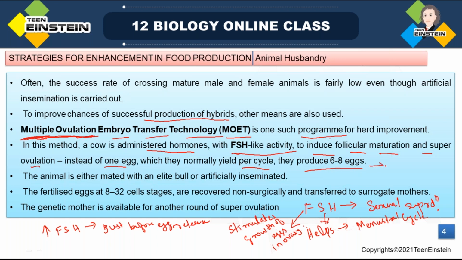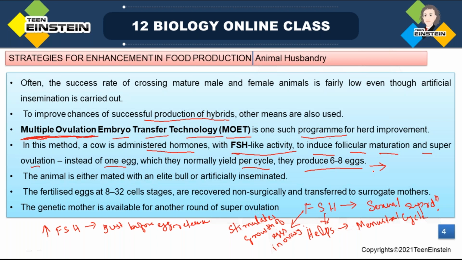So instead of that, they produce 6 to 8 eggs. That is the difference. So here, with multiple ovulation embryo transfer technology, the cow is administered with a hormone. That hormone will work in the same way as follicle stimulating hormone.